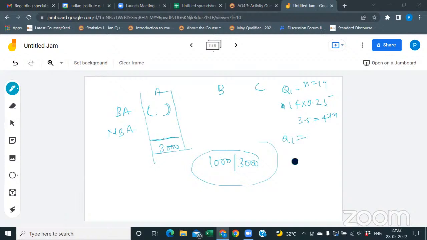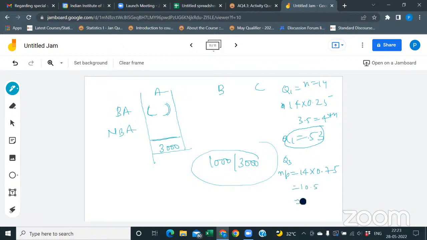The fourth observation from this stem and leaf plot is 53, because 41 is the first observation, 47 is the second, 52 is the third, and 53 is the fourth. So your Q1 is 53. Now for Q3, N into P will be 14 into 0.75, which is 10.5.